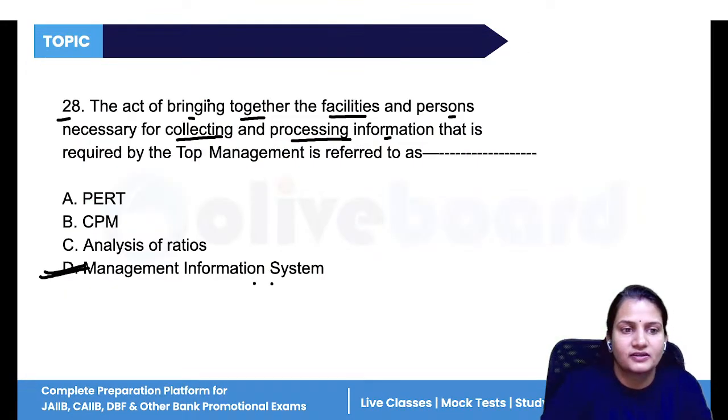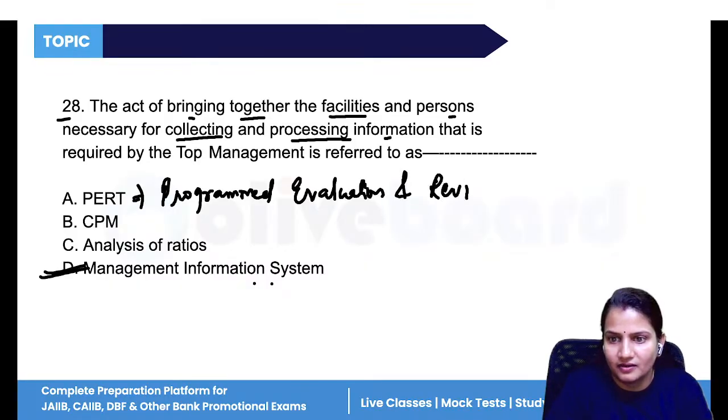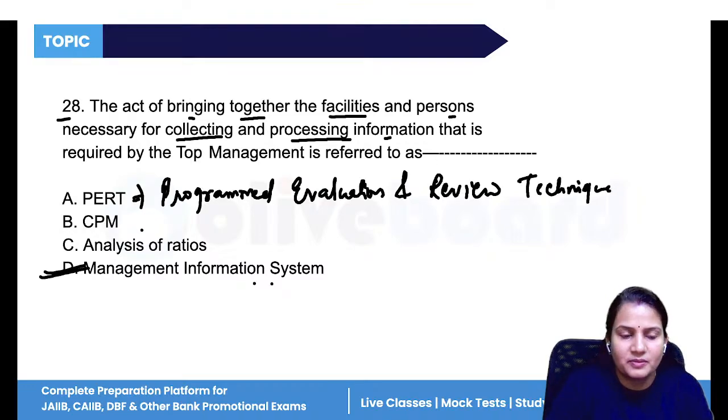Now, next is the PERT. PERT is Program Evaluation and Review Technique. And CPM is Critical Path Method.